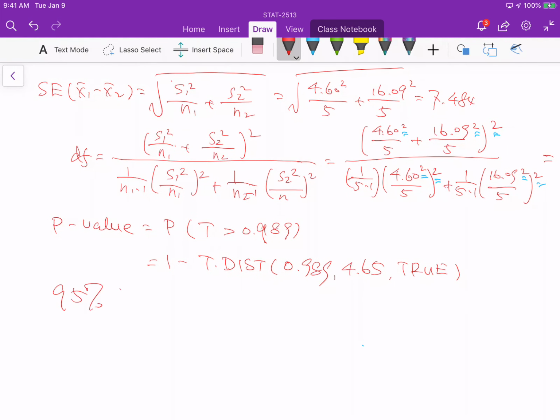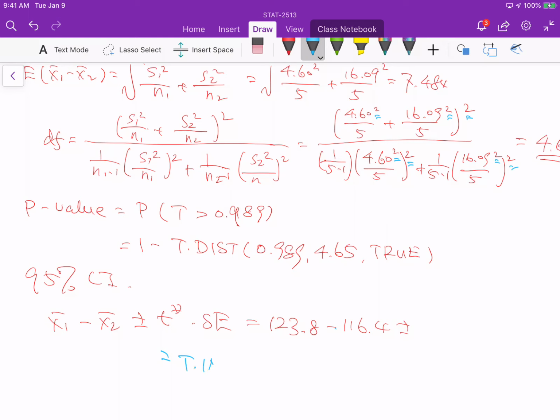The critical value here will be T.INV of 0.975 with degrees of freedom 4.65. Then you get the critical value 2.63 times the standard error, which we've already calculated as 7.484.